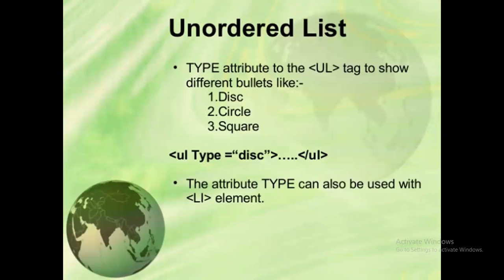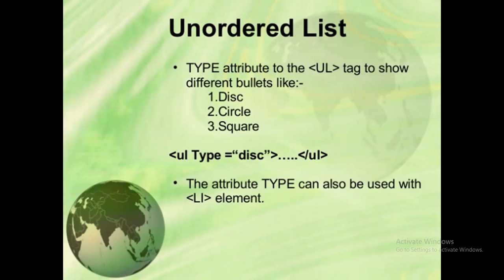Here comes the command for the unordered list, that means using bullets. Bullets used can be disk, circle, square, etc., as per your convenience. If you want to use disk, in that command you can use the tag UL, that stands for unordered list.